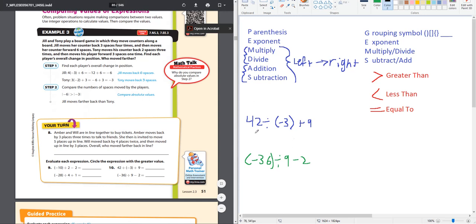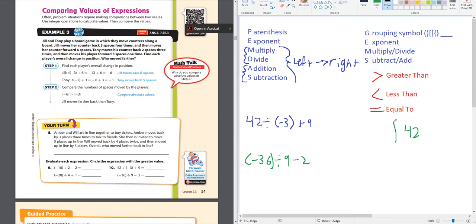So here we have 42 divided by negative 3, which I will work out on the side here. 3 goes into 4 one time, then 4 times. Okay, so the answer here is negative 14, plus 9. I'm starting with negative 14, going to the right 9 times. So that comes out to negative 5.